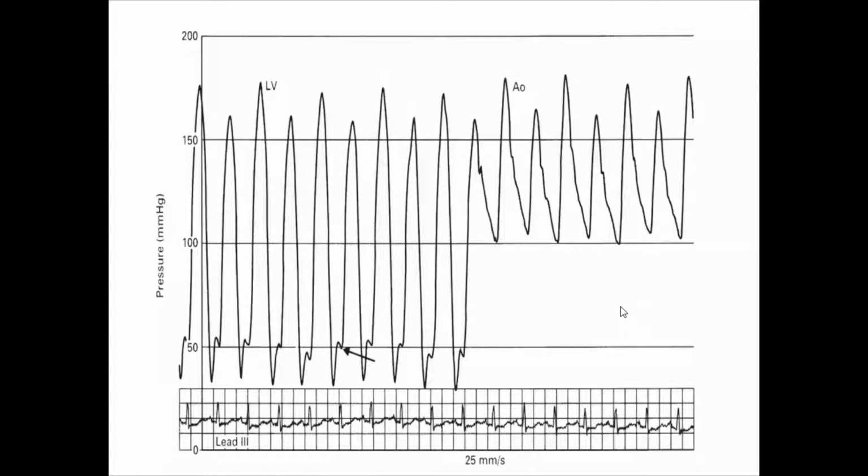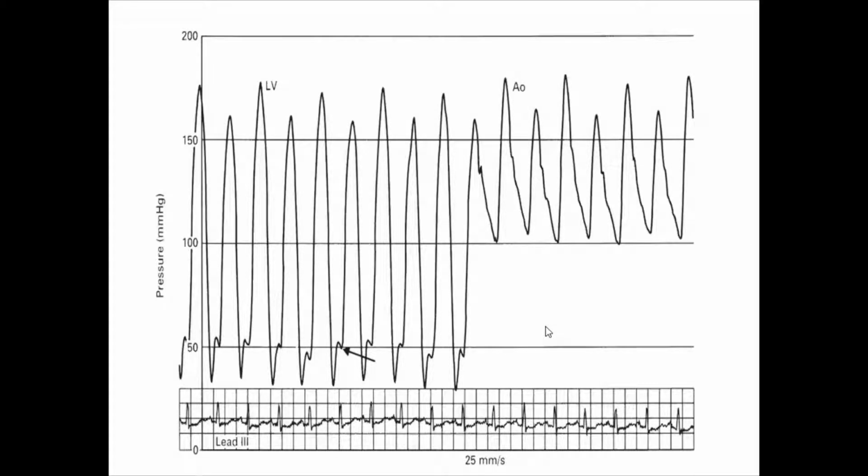What about diastolic? Around 50. So there is beat to beat variation, and what about LVEDP of 50? Is it normal or abnormal?